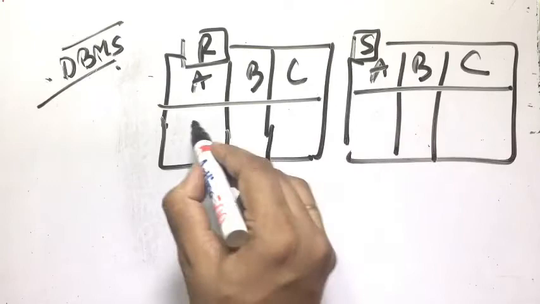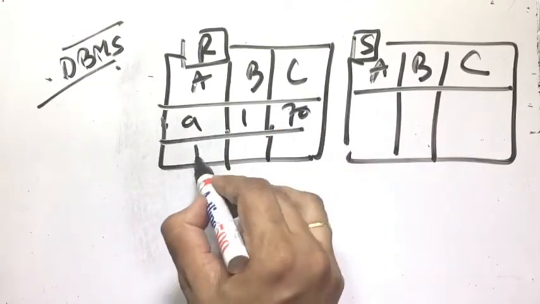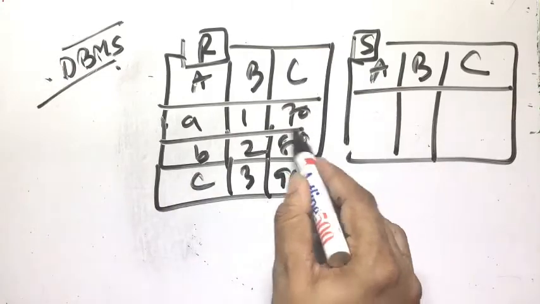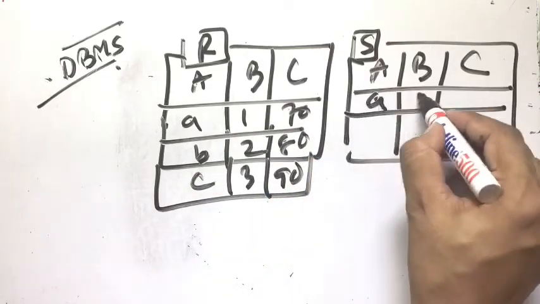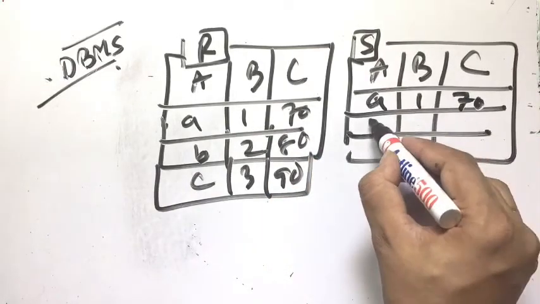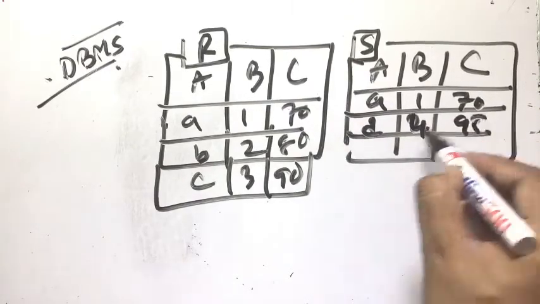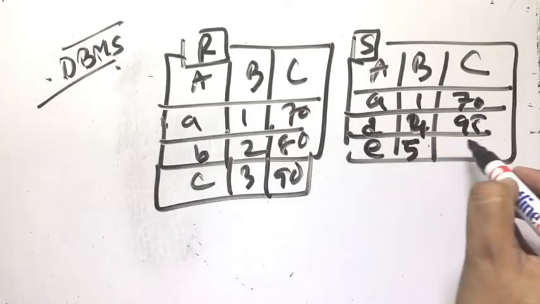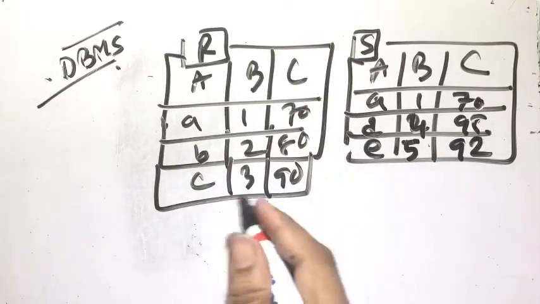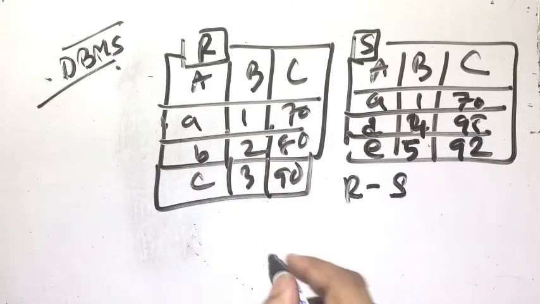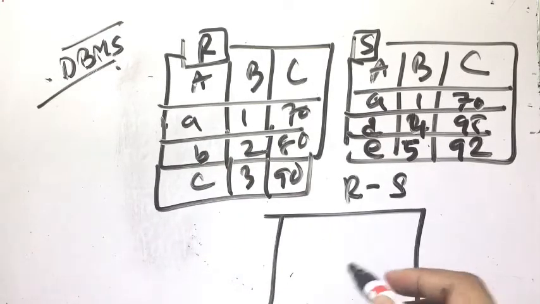Values of R are A 170, B 280, C 390, and in S, A 170, D 495, E 592. Then when we perform R minus S, it will display those tuples that are in the first relation, not in the second.